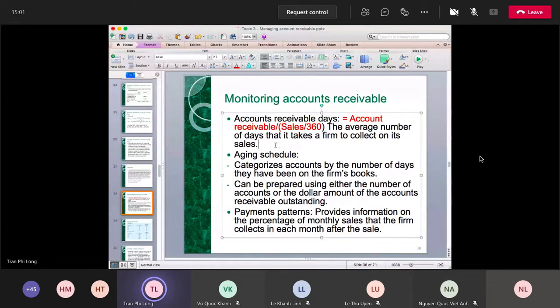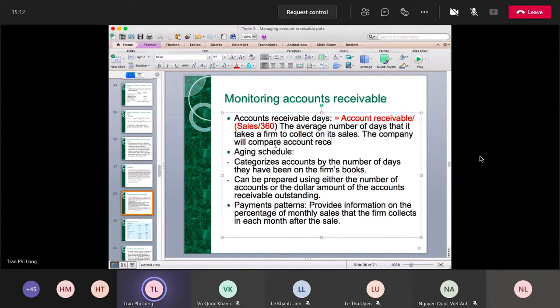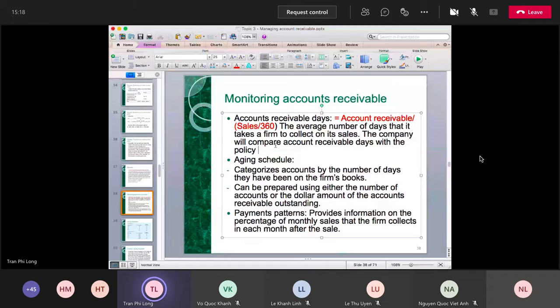And usually the company will compare the account receivable days with the policy of the company.